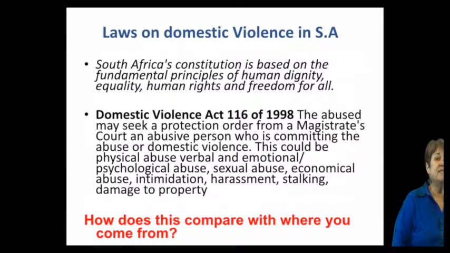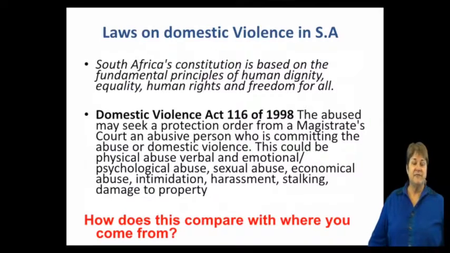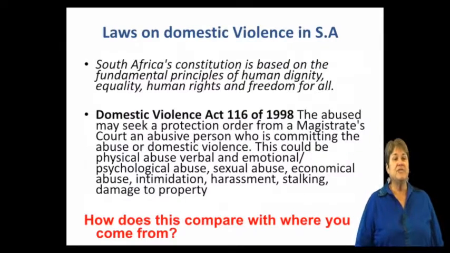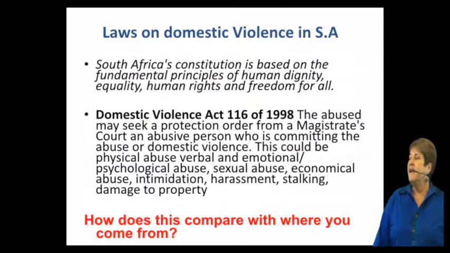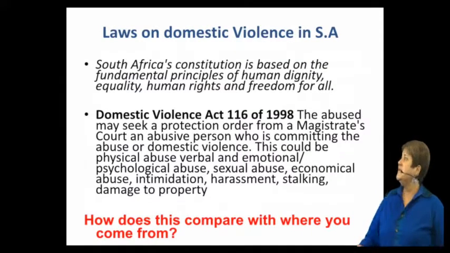There are also laws on domestic violence in South Africa. So South Africa's constitution is based on principles of human dignity, equality, human rights and freedom. And so our Domestic Violence Act, which came into force a lot earlier than our amended Sexual Violence Act, came into effect 4 years after democracy in 1998, it means that a person may seek a protection order from a magistrate against an abusive person who's committing abuse or domestic violence.